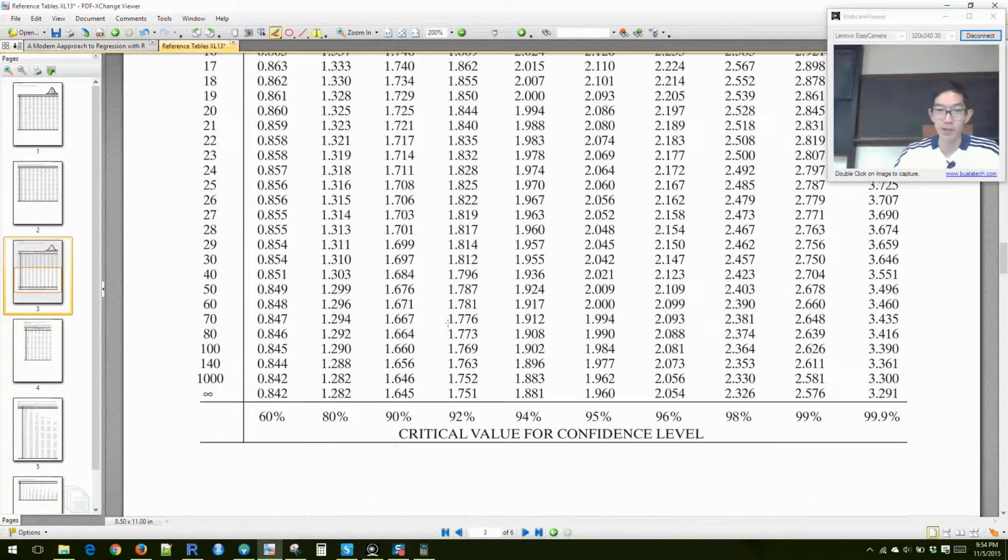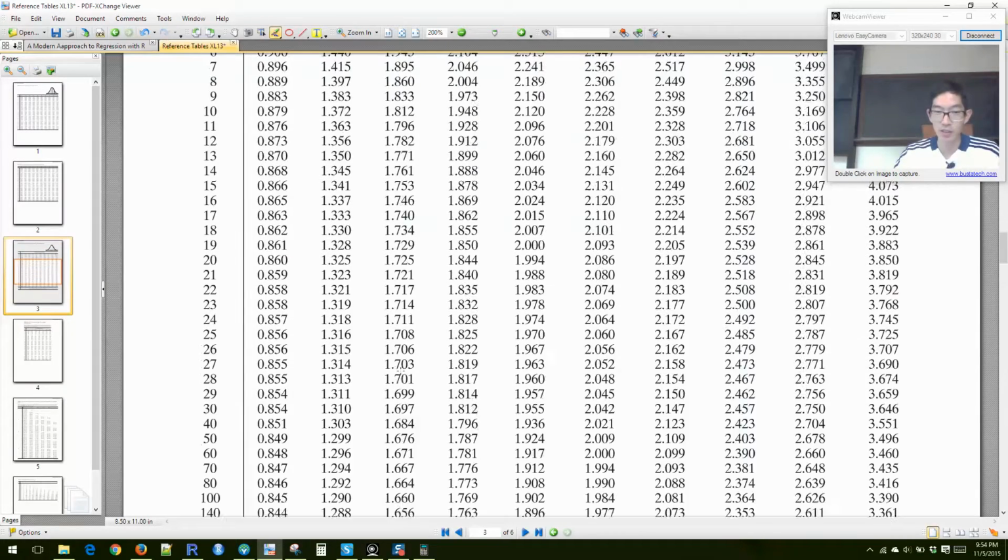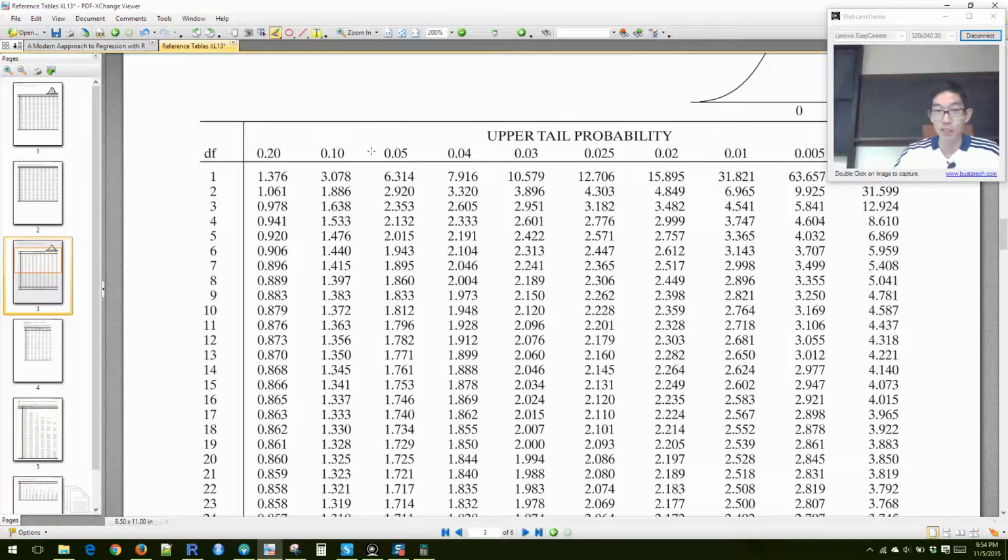The critical values for 90% are the same as the critical values for 0.05. And so the conclusions we make from a confidence interval are exactly the same as the conclusions we make from a t-test.